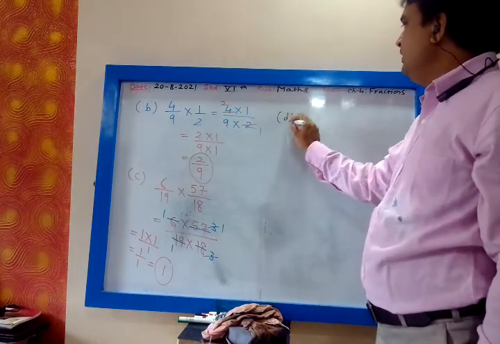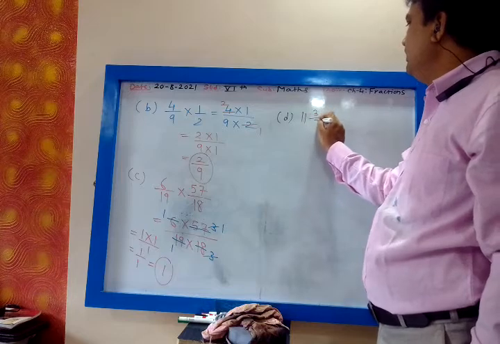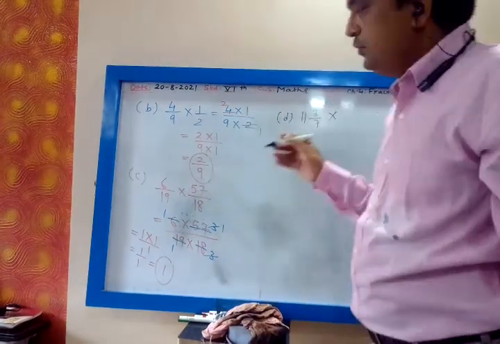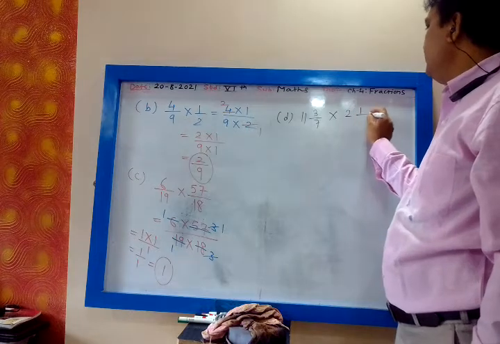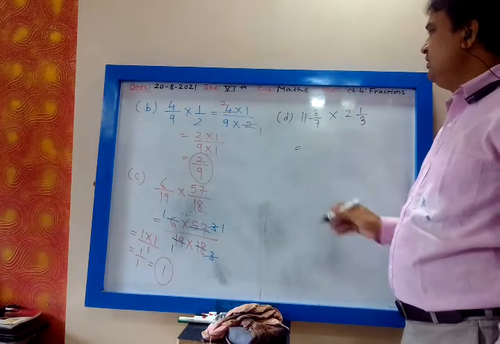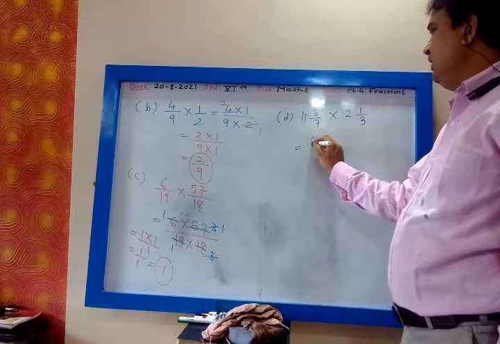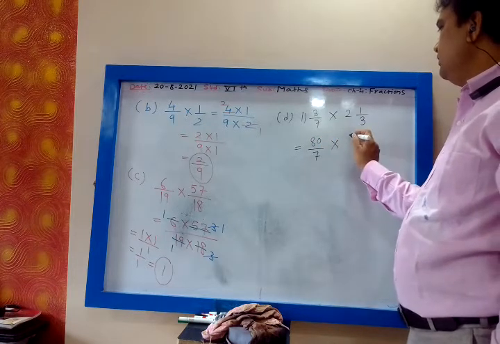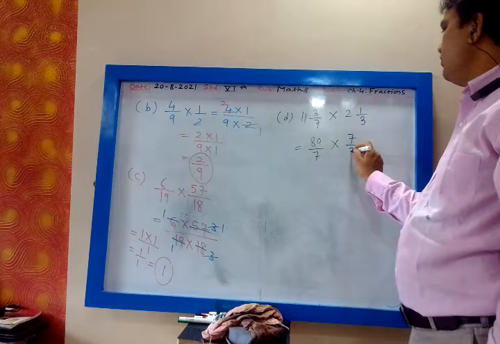Now fourth is B. 11 is to 3 by 7 multiplied with 2 is to 1 by 3. Yes. So mixed fraction, you convert them into improper fraction. 11 sevens are 77 plus 3, 80, 80 by 7 into 3 twos are 6 plus 1, 7 by 3.